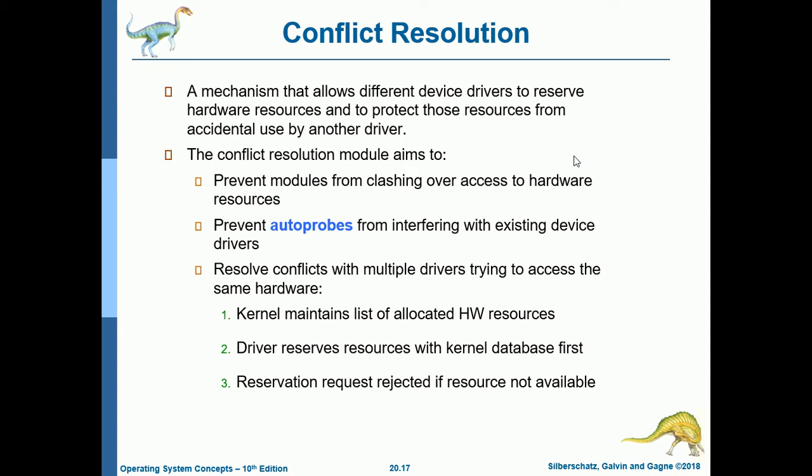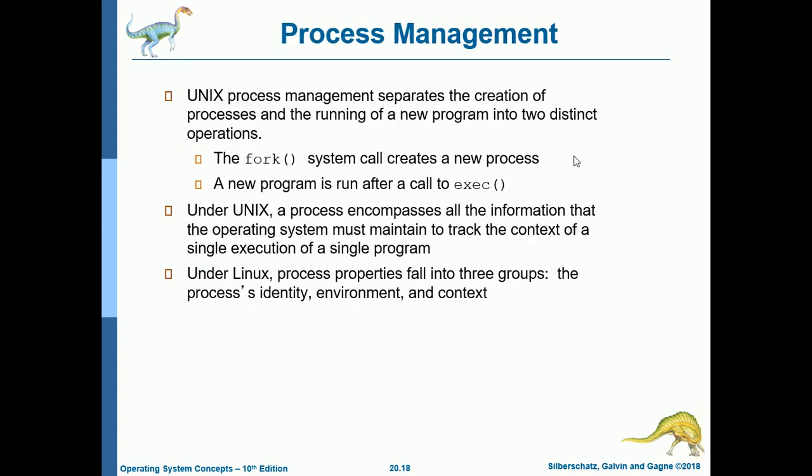An autoprobe is a device driver probe that auto-detects device configuration. Another objective is to resolve conflicts with multiple drivers trying to access the same hardware: the kernel maintains a list of allocated hardware resources, the driver reserves resources with the kernel database first, and the reservation request is rejected if the resource is not available.